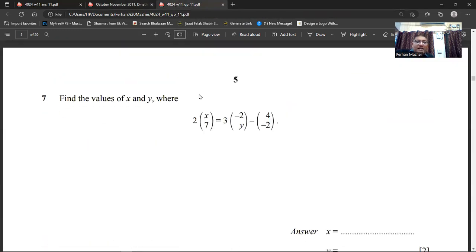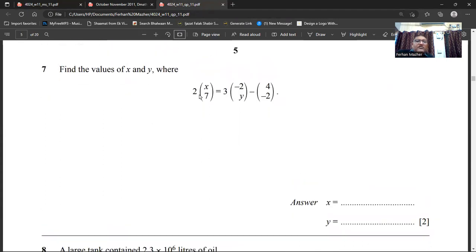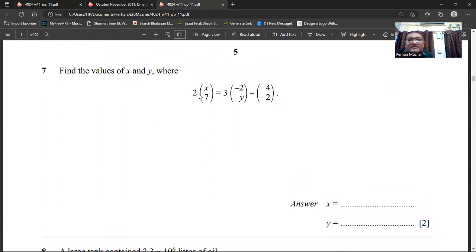So here we have the next question. The next question is question number 7. Find the value of x and y, where we have column vectors, column matrices: 2 times the matrix (x, 7) equals 3 times the matrix (minus 2y, minus), again a matrix which is (4, minus 2).